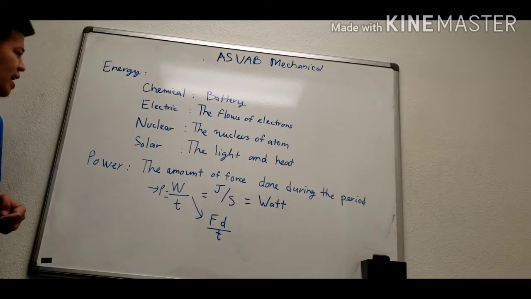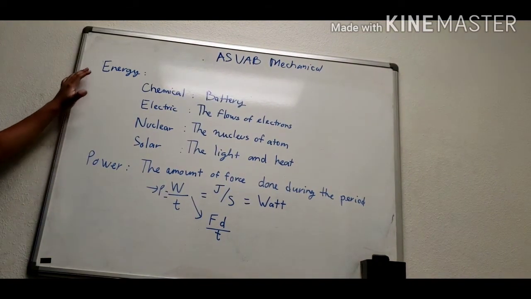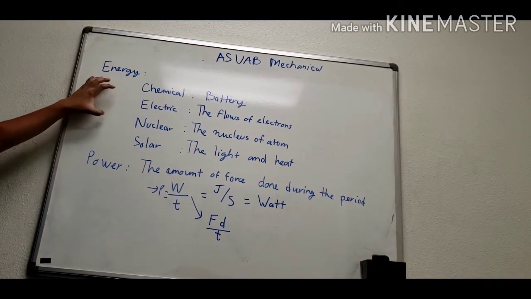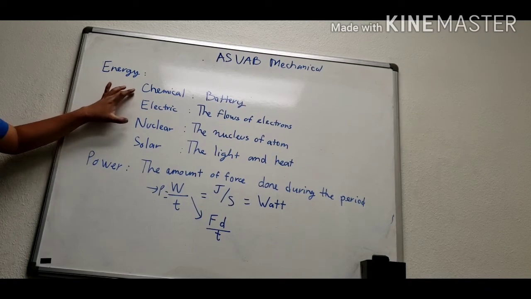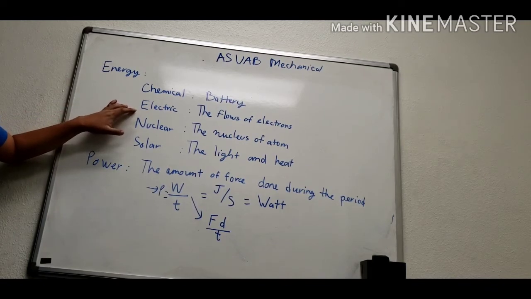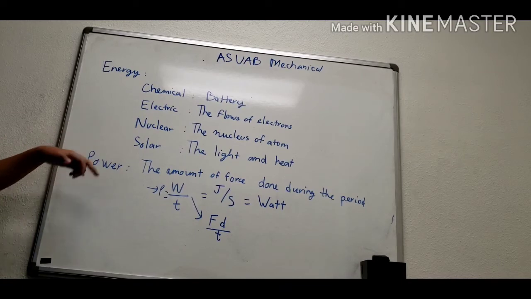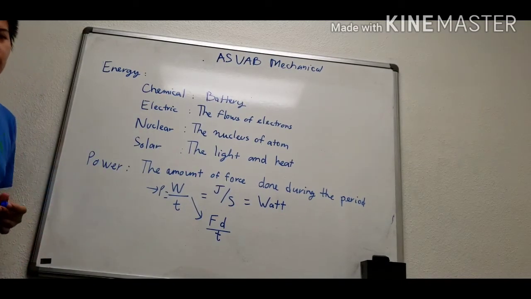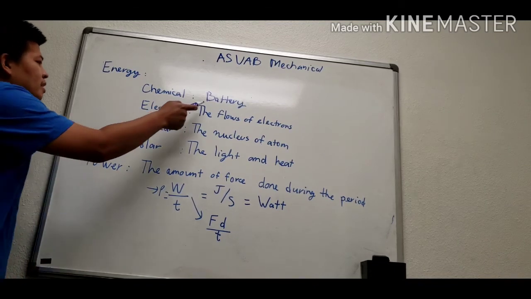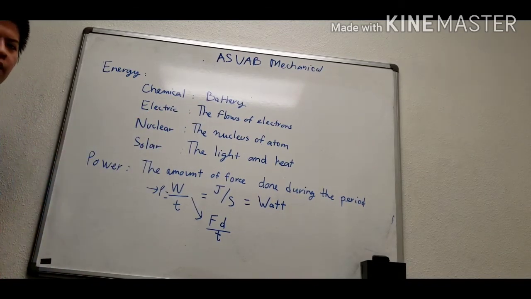How about the energy and the power? In the energy, on the ASVAB, you need to concentrate on chemical energy, electric energy, nuclear energy, and solar energy. About chemical energy, it means that in the battery, they have the chemical reaction to create the energy. That's why we call it chemical energy.